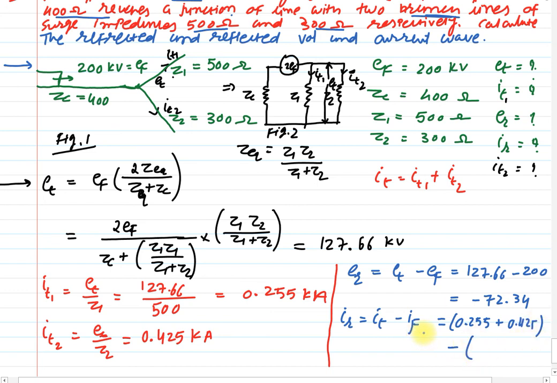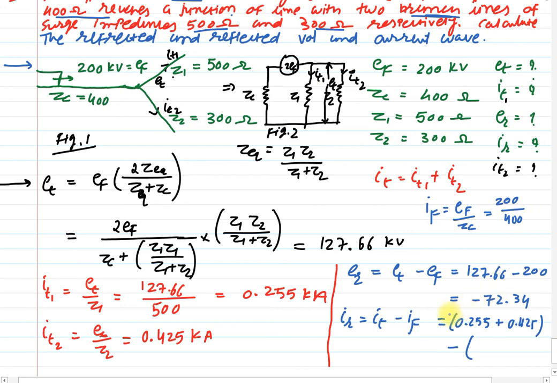The equation for IF is IF is equal to EF divided by ZC. Here the value of EF is 200 divided by ZC, which is equal to 400.